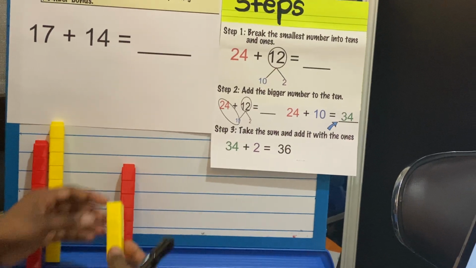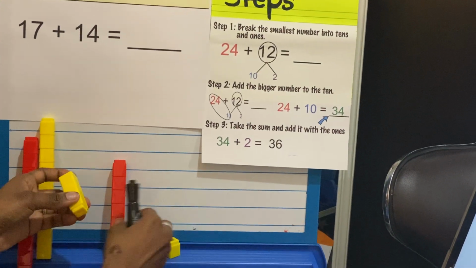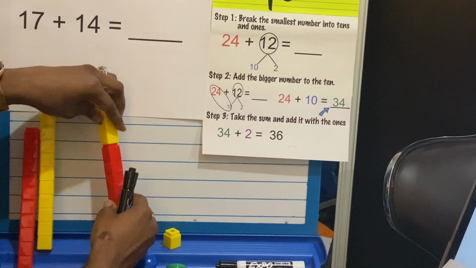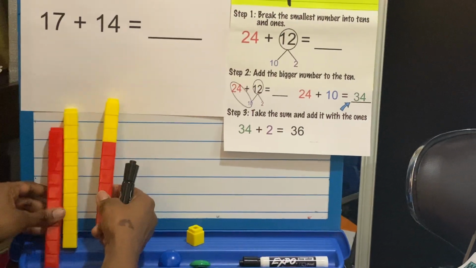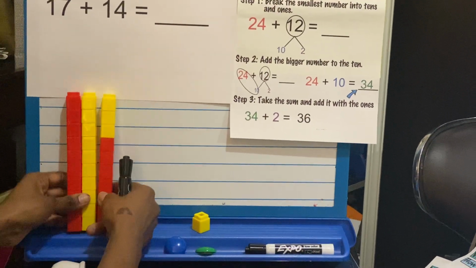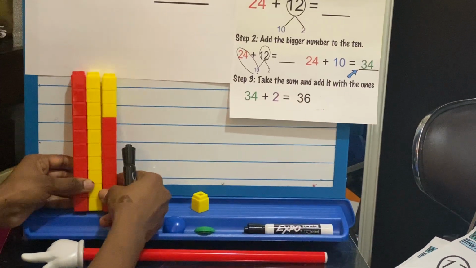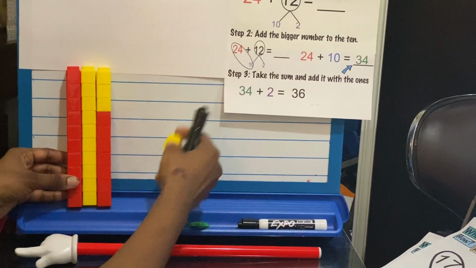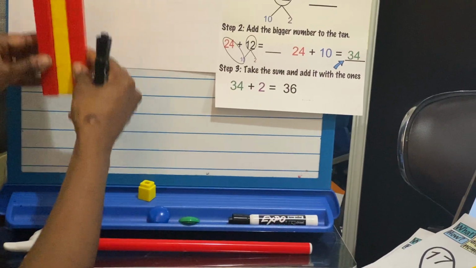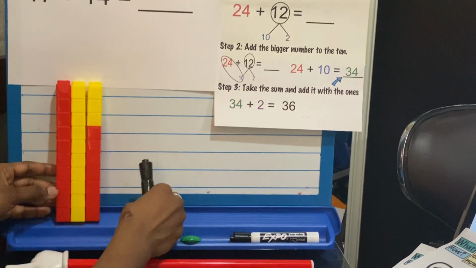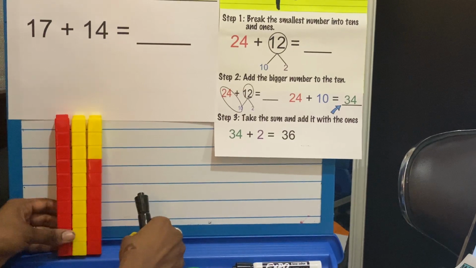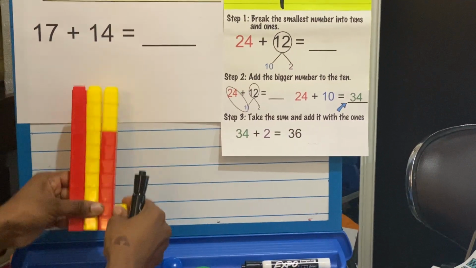How? I can take 3 from the 4, add it to the 7, and that will give me another 10. So now I have 3 tens and 1 one. So now I have 30 plus 1 gives me 31.